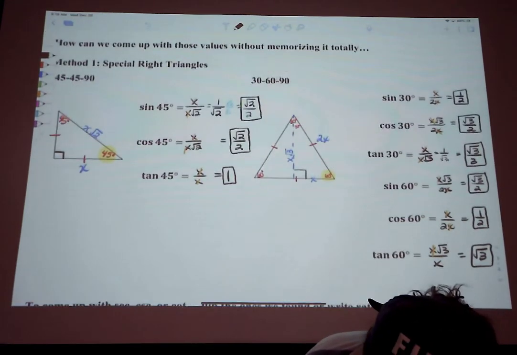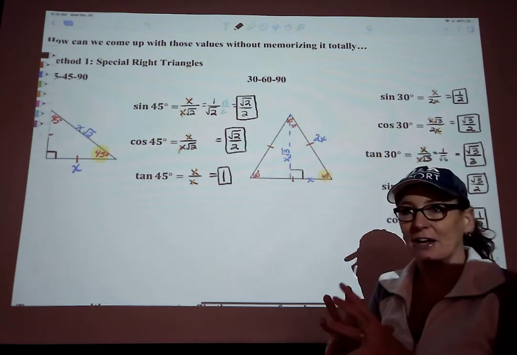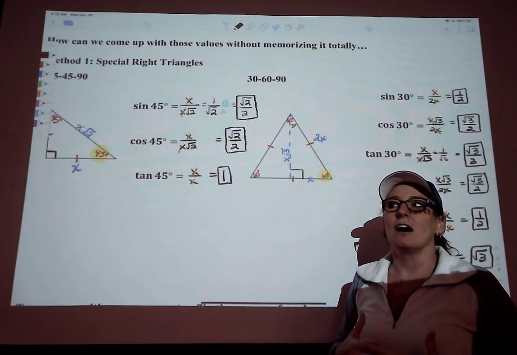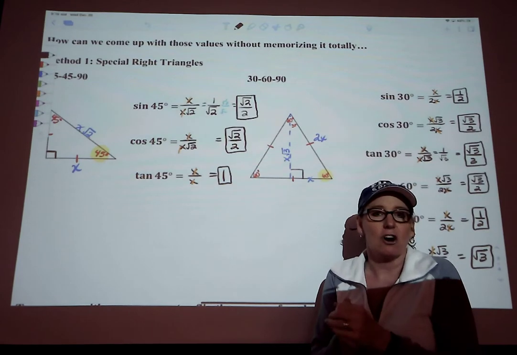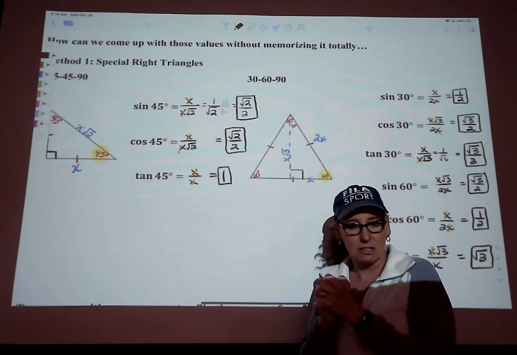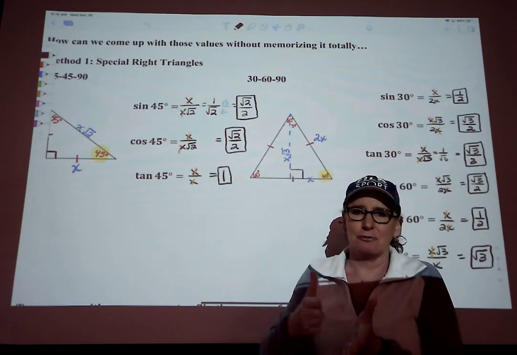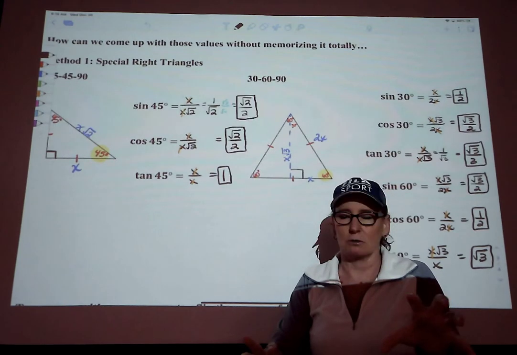Now, I'm going to say something, and it's going to sound intimidating, but hang on for a minute. All 9 of these fractions, we're going to ask you to memorize all 9 of those fractions. And I know it sounds totally intimidating right now, but it doesn't have to be done for another, I don't know, several weeks. Don't start doing it right now.